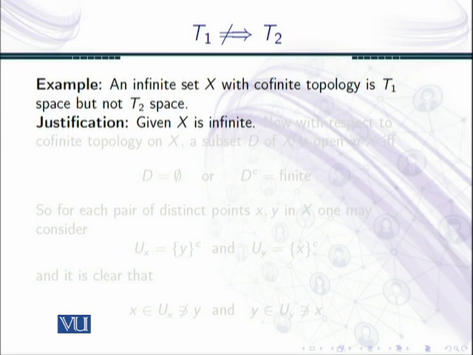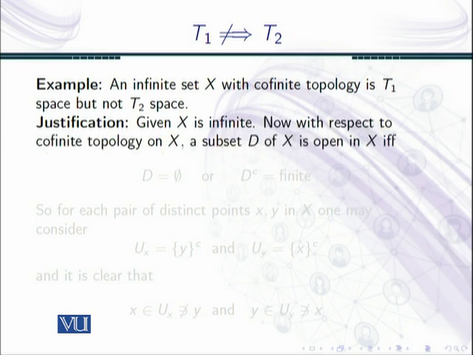Given that X is an infinite set, now with respect to the cofinite topology on X, a subset D of X is open in X if and only if, so we have just two cases for the openness, कि आपके पास एक सेट X का ओपन कब होगा, that is either D is empty set or the complement of D is finite.